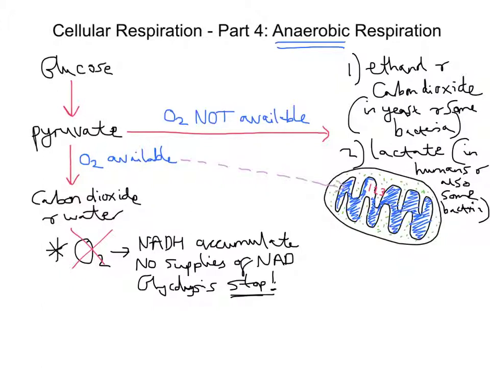So the only energy that you actually get is what you make in glycolysis, which isn't much. In glycolysis, we had to use 2 ATP to phosphorylate, but we ended up making 4. So we got a net gain of 2. And that's all we make. When we go from glucose to pyruvate in glycolysis, we make 2 ATP. And that's all we get through anaerobic respiration.